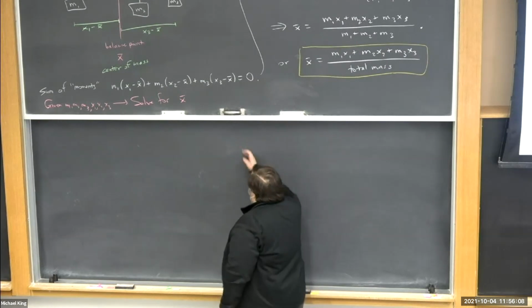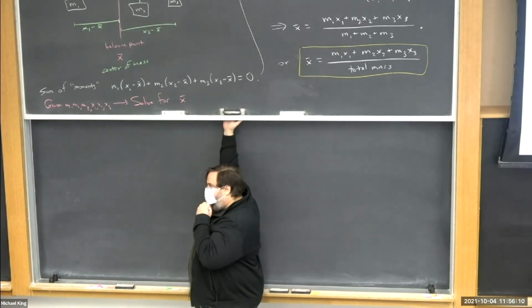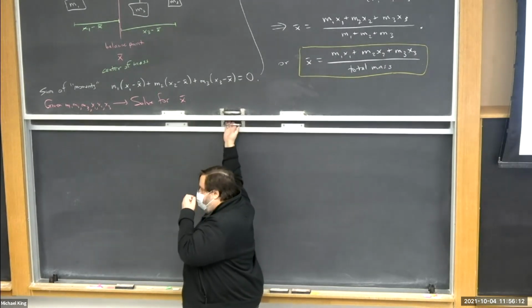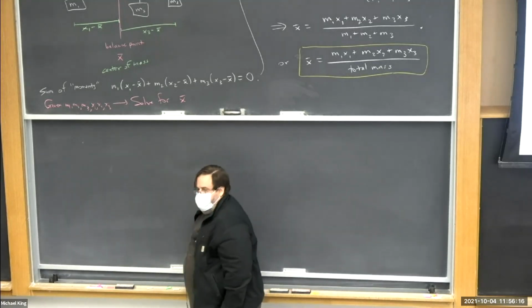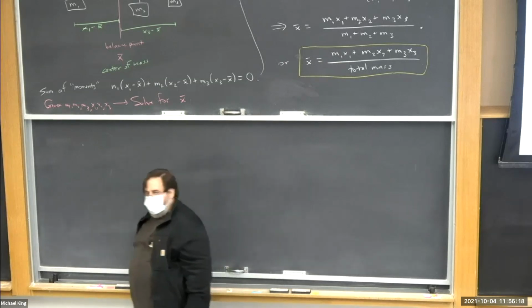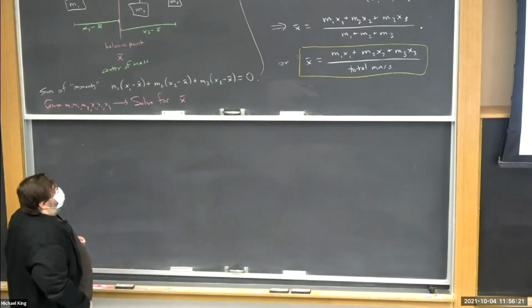There's a lot of what we do in this class, right, is we write something as a sum. We do it for a few examples. Then we do it in general. Then we turn the sum into an integral, right? We've been doing that a lot in this class.